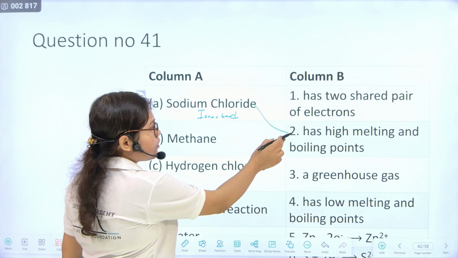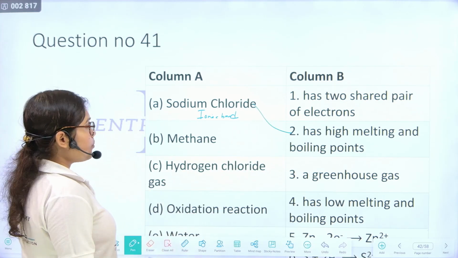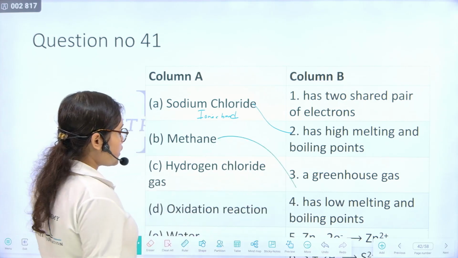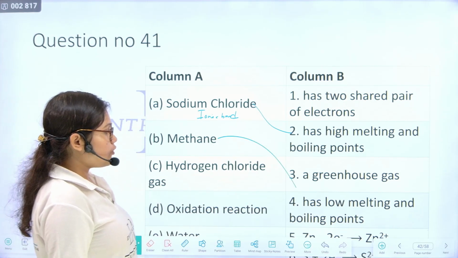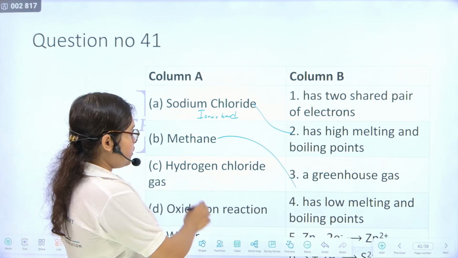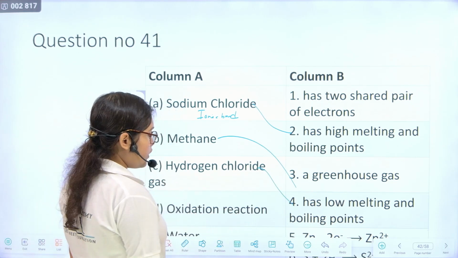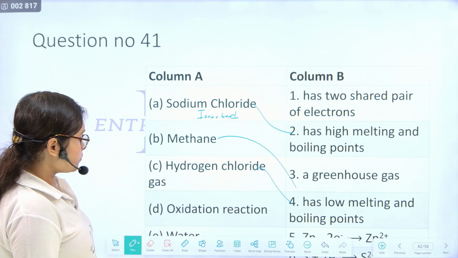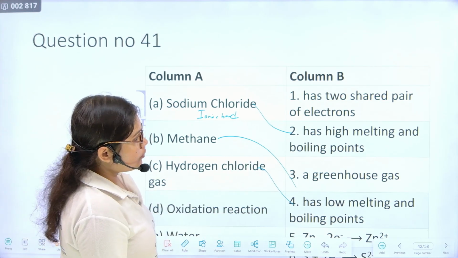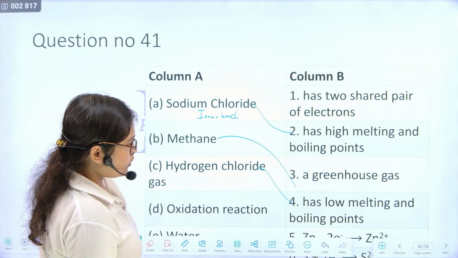So this is option A. Methane is a greenhouse gas. Hydrogen chloride gas has low melting and boiling points. Then water has two shared pairs of electrons.